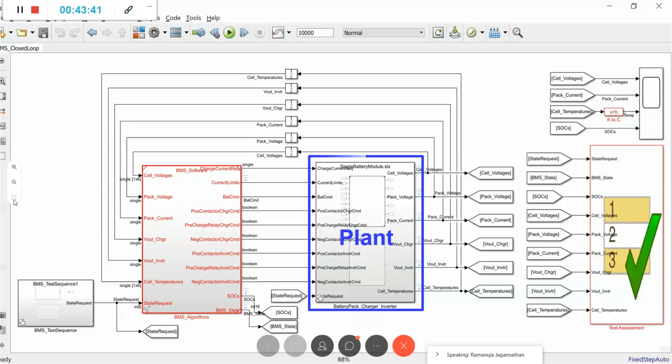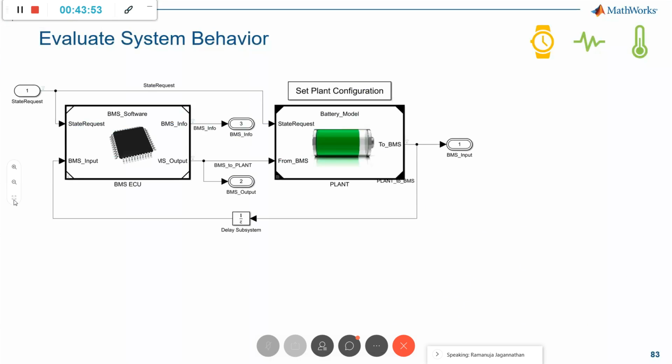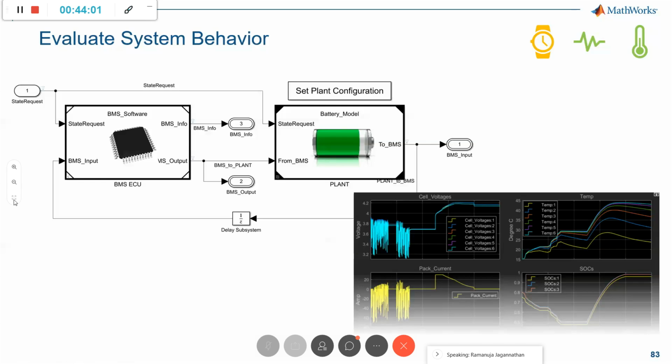Then we can use Simulink and Stateflow tools to develop battery algorithms, which could be used to control the battery working. Once we make such a model with the battery controller and the battery model, we can connect them in closed loop and test it with several drive cycles and see how the battery performs.